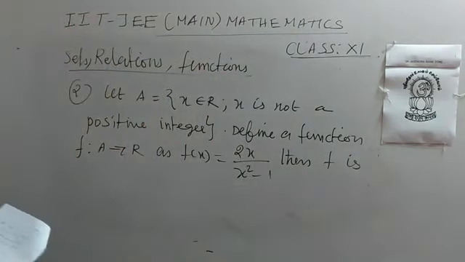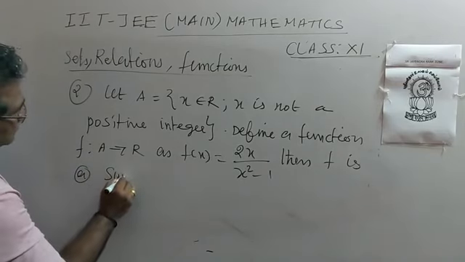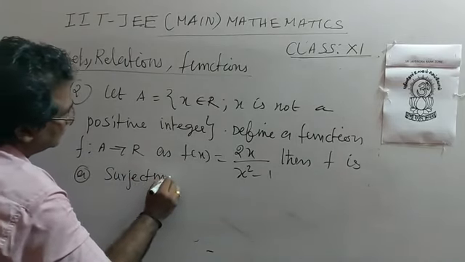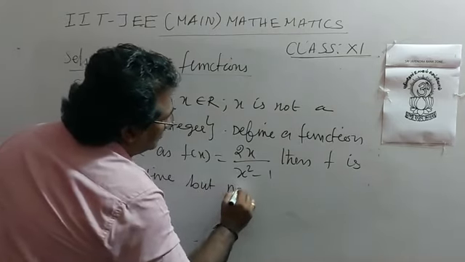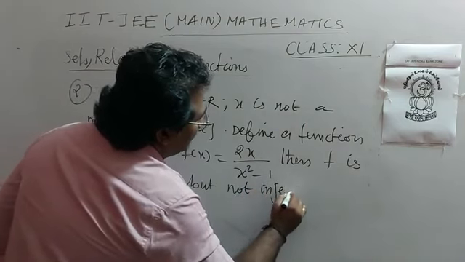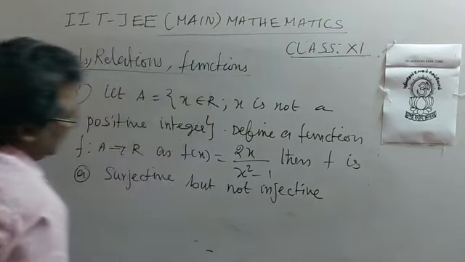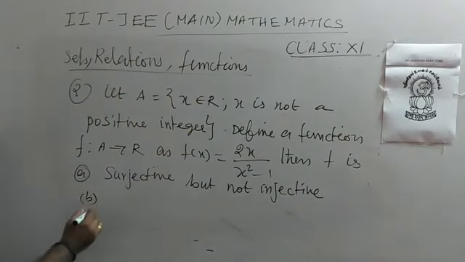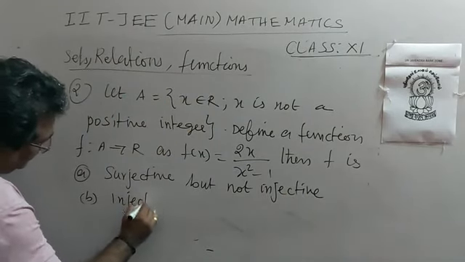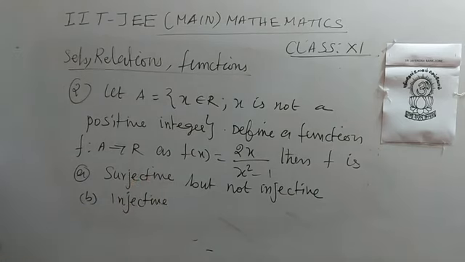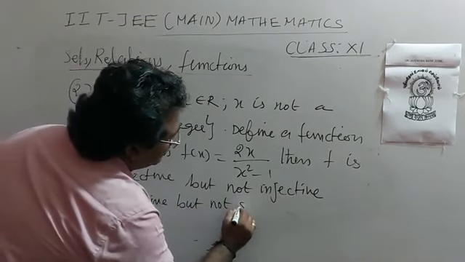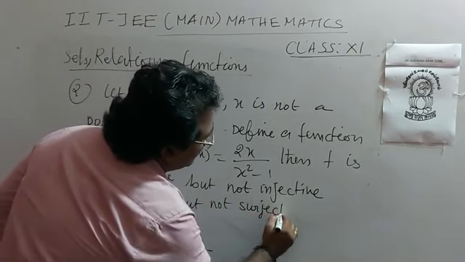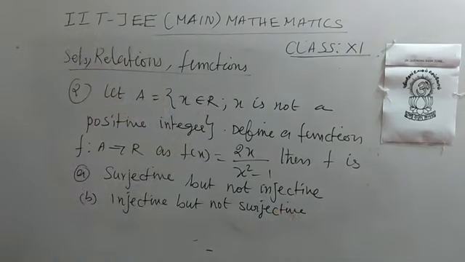Then f is: Option A, surjective but not injective. Option B, injective but not surjective.